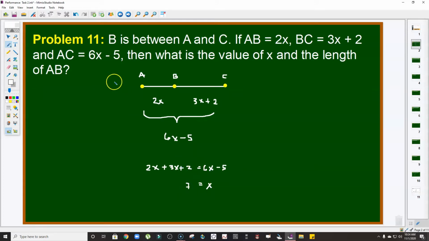That's the answer in the first part, the value of x. Now, if x is 7, then the length of AB is simply 7 times 2, which will give us 14 units. So, these are the answers in item number 11.